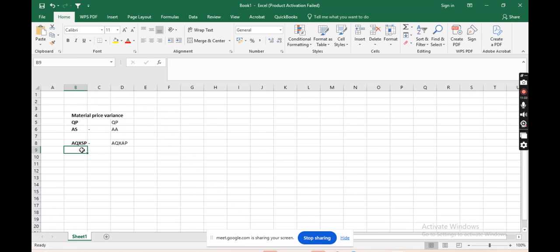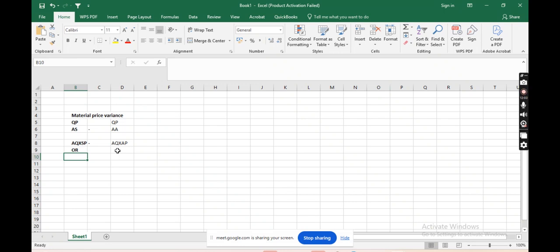Now, you are comparing the actual and the standard. If you don't want to use this, you can expand this and say, okay, AQ is common, right? Actual quantity is common. AQ is actual quantity, SP is the standard price, AP is actual price.